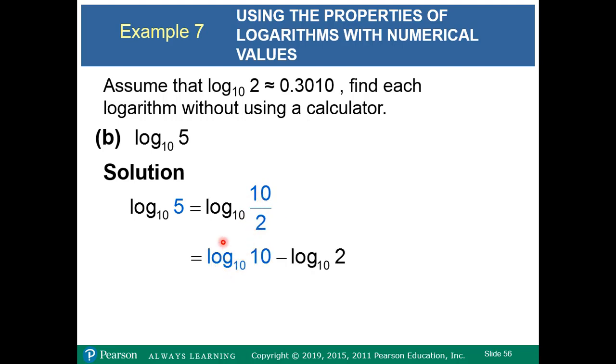And look at that, log base 10 of 10. What's log base 10 of 10? Well, that's going to be 1, right? That's always equal to 1 because the base and the argument are the same. So this is going to be 1. And then this, of course, is what? 0.3020. And so 1 minus 0.3020 is point what? 0.6990.